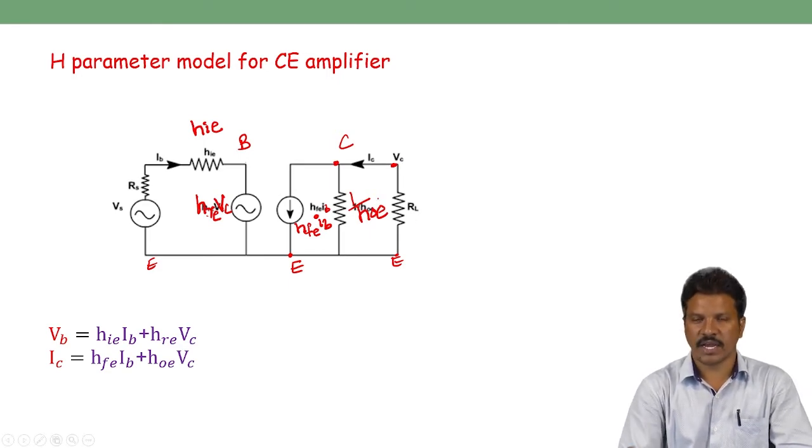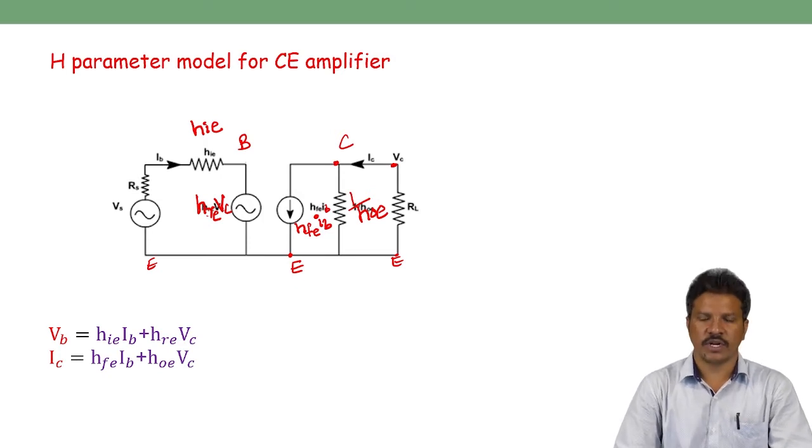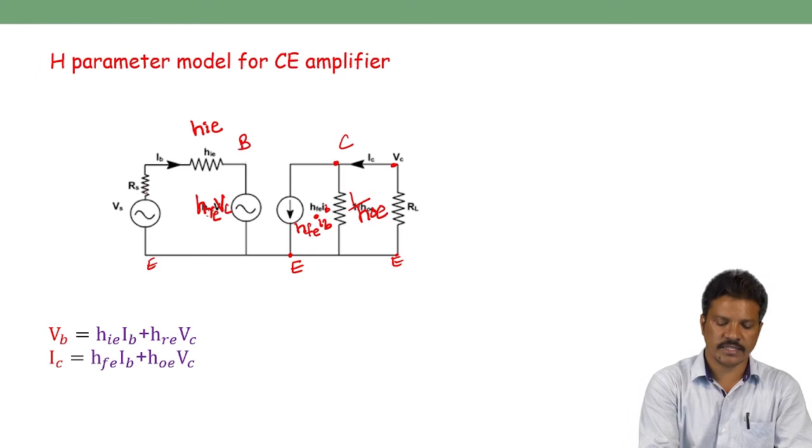We can connect a load resistor at the output side, and a source voltage at the input side of the amplifier, with its internal resistance small rs.